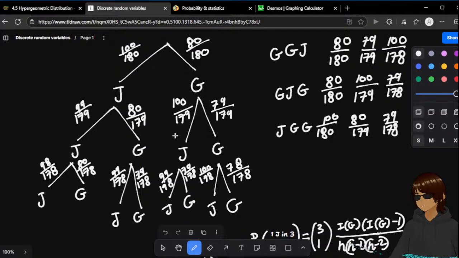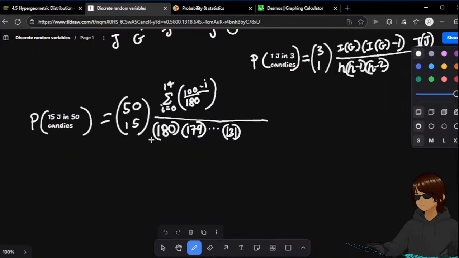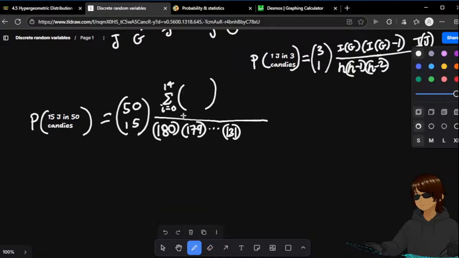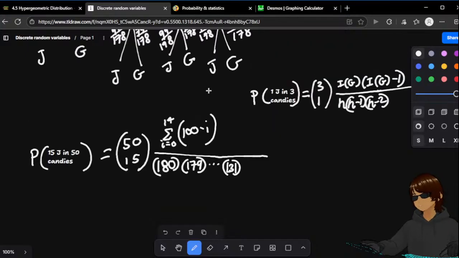Number of jellies should just be 100. 100 jellies and then 99 jellies and then 98, all the way to 100 minus 14.